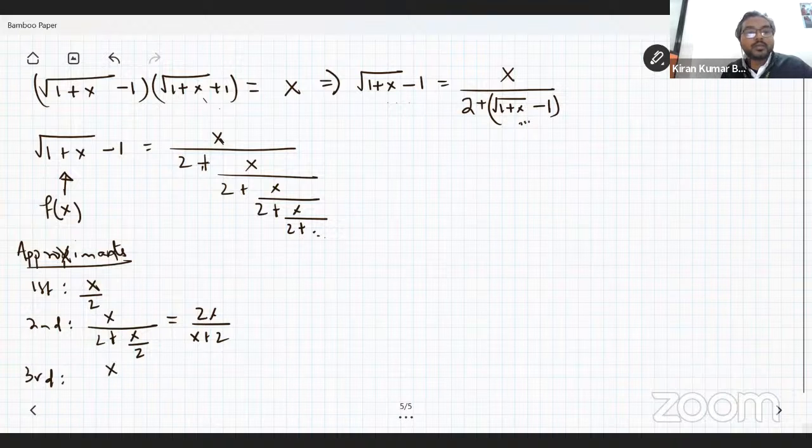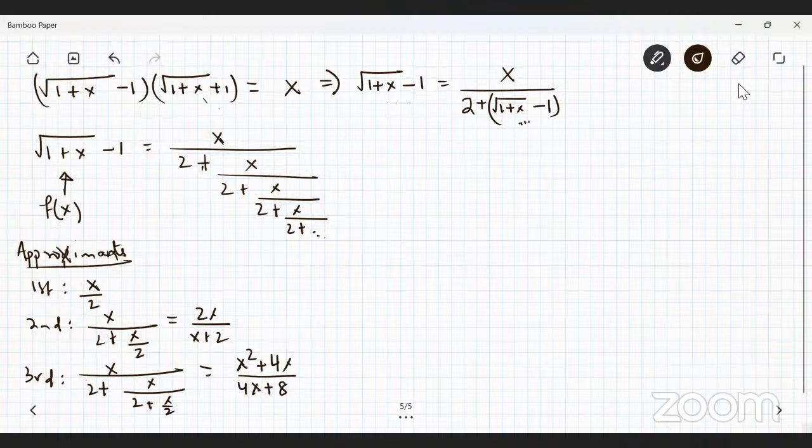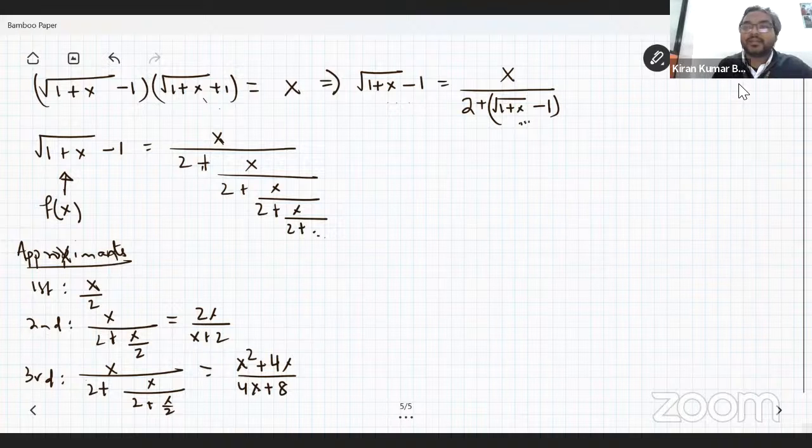Third is x by 2 plus x by 2 plus x by 2, and this gives me x square plus 4x by 4x. Kiran, the second one should be 2x by x plus 4, is it? Correct. Thanks. Yeah, 2x by x plus 4.